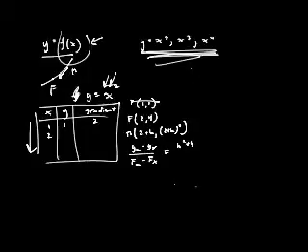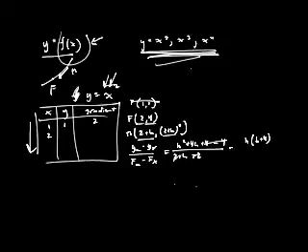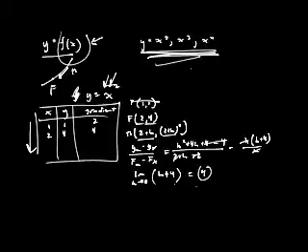We get h squared plus 4h plus 4 minus 4, over 2 plus h minus 2. So now we can cancel these out, and we can also factor out an h, and we're going to get h times (h plus 4) over h, which leaves us with the limit as h approaches 0 of h plus 4, which equals 4. This is our gradient for this point.